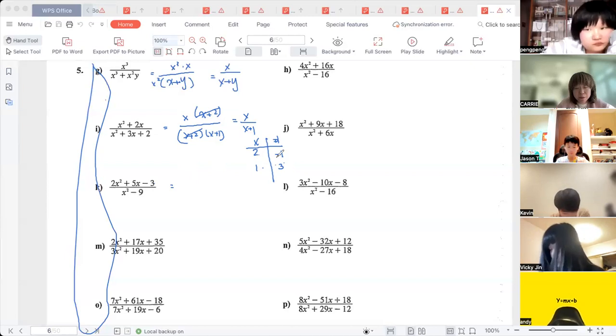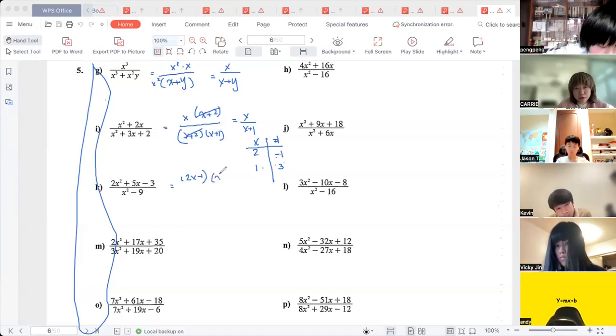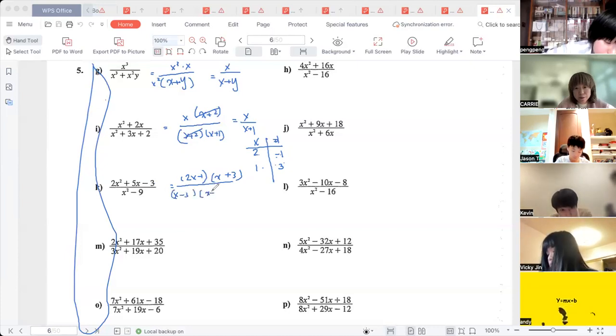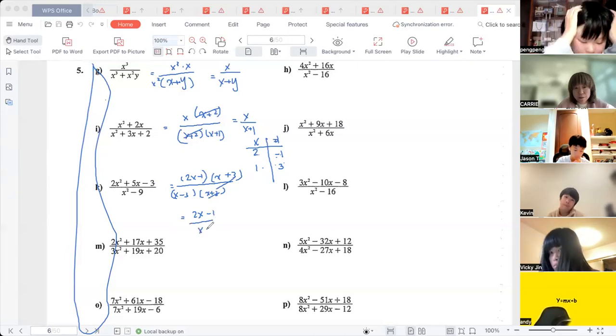And 1 times negative 1 equals negative 1. So 6 minus 1 equals 5x. So the answer is 2x minus 1 over x plus 3. And here is x minus 3 and x plus 3. Okay, so x plus 3 is gone. So the answer is 2x minus 1 over x minus 3.